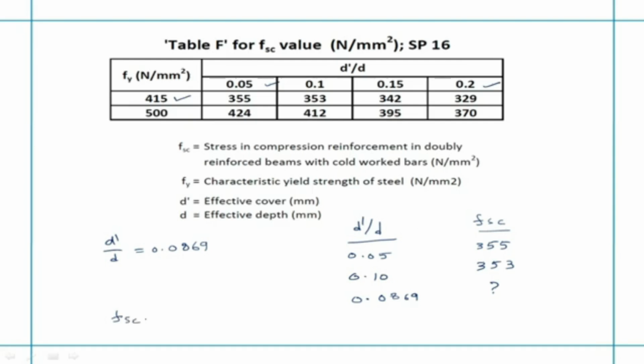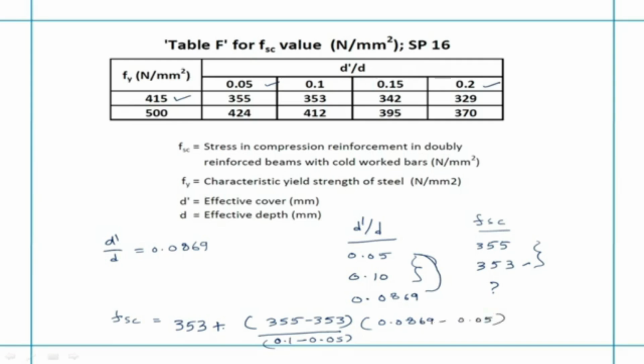Interpolate it. fsc is equal to minimum value 353 plus difference between these two, 355 minus 353, divided by difference between these two, maximum minus minimum, 0.1 minus 0.05, into 0.0869 minus 0.05. fsc, the stress in compression reinforcement, is 354.476 Newton per mm square.